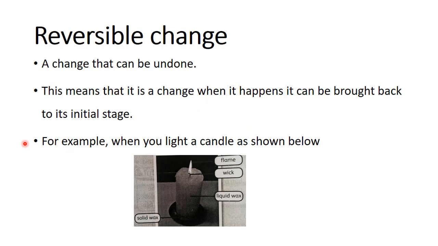So, for example, when you light a candle as shown below, this is the candle and this is the candle wax, which is a solid wax, and then we have a wick, the one which produces the flame.